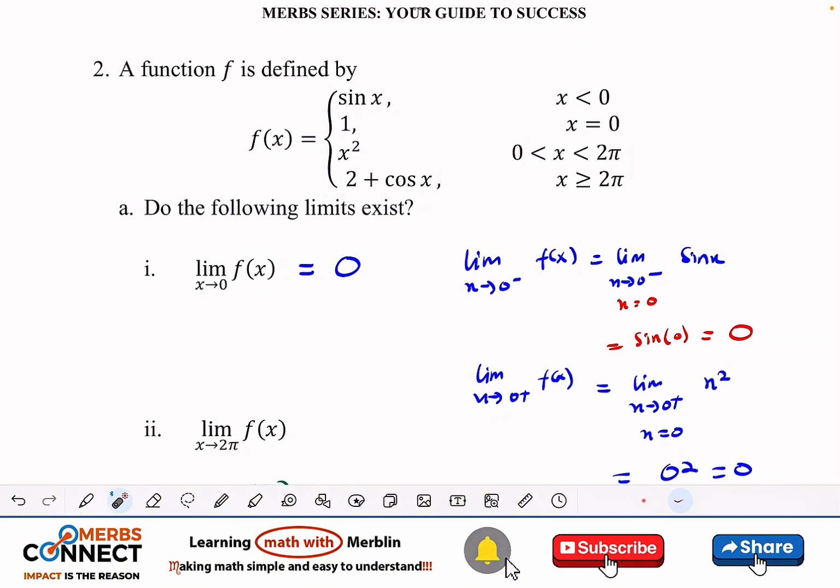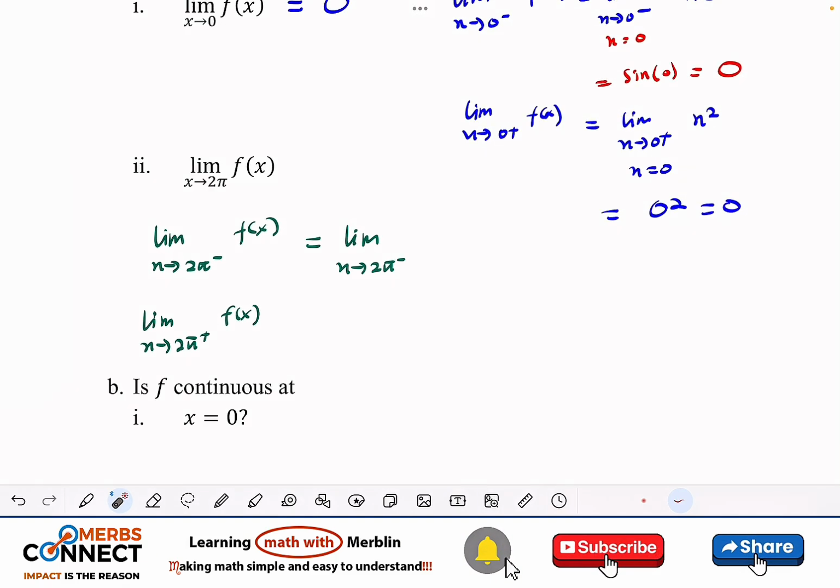From the left means x should be less than 2 pi, which is here. So we are using x squared from there. Here we are setting x equal to 2 pi, so this is 2 pi squared, and this is going to give us 4 pi squared. The minus here is just showing us the direction.